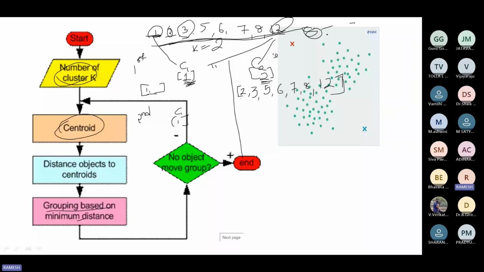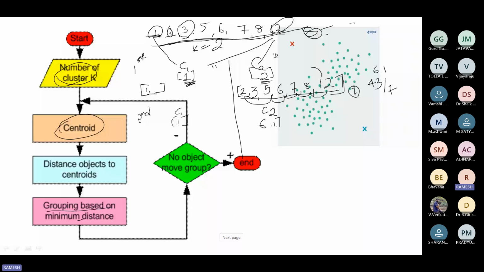So 12 plus 8, 20, 27, 27 plus 6, 33, 33 plus 8, 38, 40, 43. 43 by 7, so it is almost 6.1. Now C2 head is 6.1.